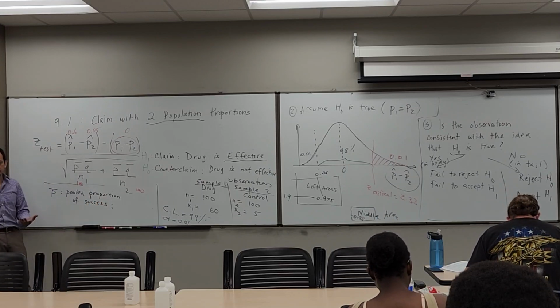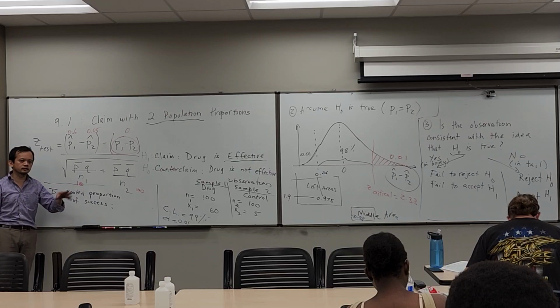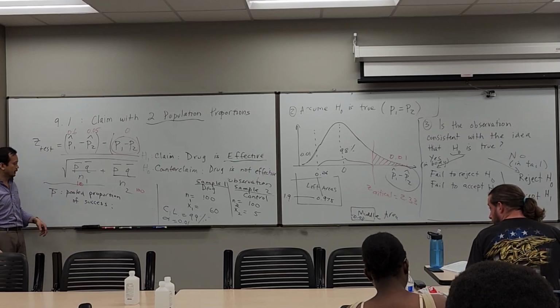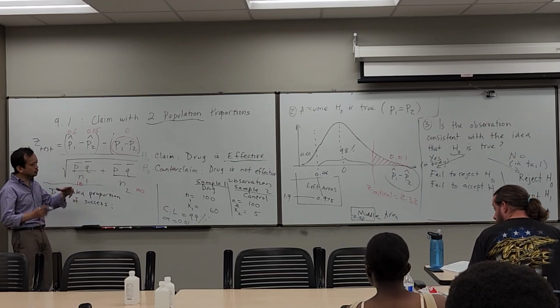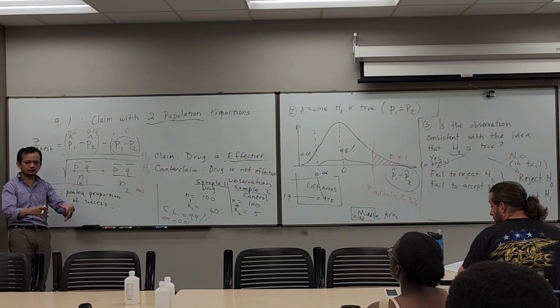So a proportion of success is simply the number of successes in that group divided by the total number. So in this case, what's the new number of successes if you were to combine everything into one pool?